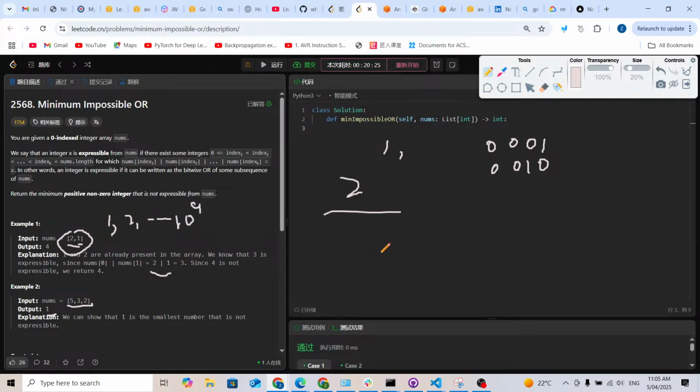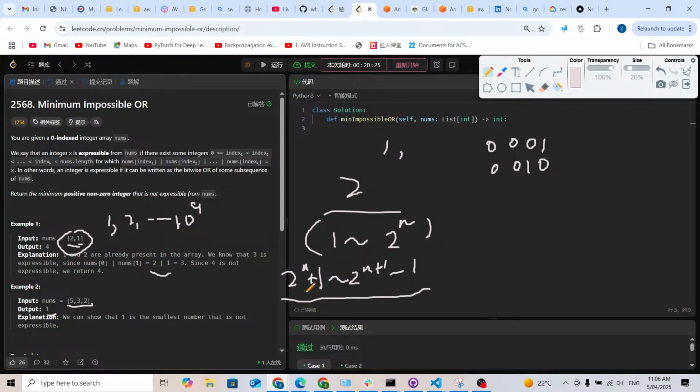Normally, if we have every number from 1 to 2 to the power of n, then by the OR operation we're going to have all the numbers from 2 to the power of n up to 2 to the power of n plus 1 minus 1.